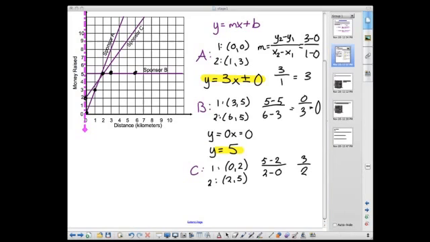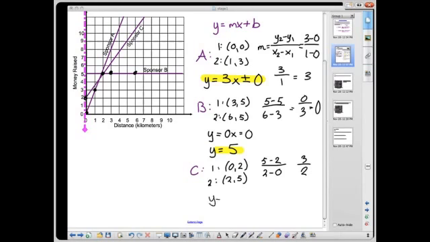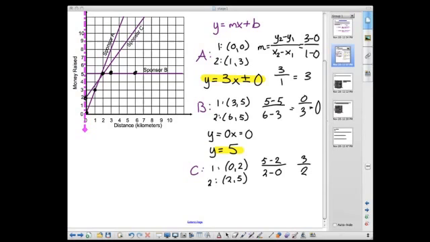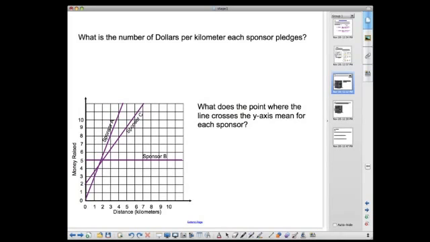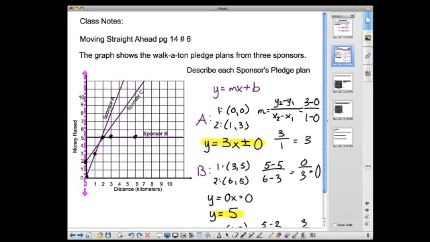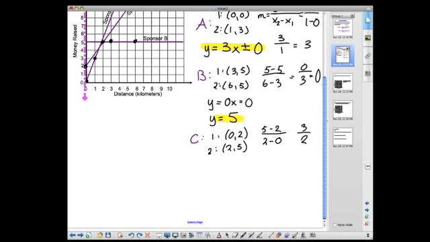And if I plug in my m value to my equation, I get y is equal to 3 halves times x, and my y-intercept for this equation is actually positive 2, so plus 2.